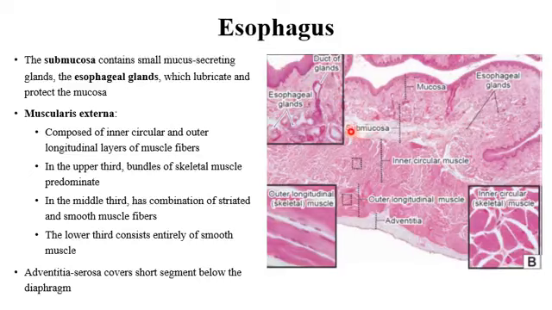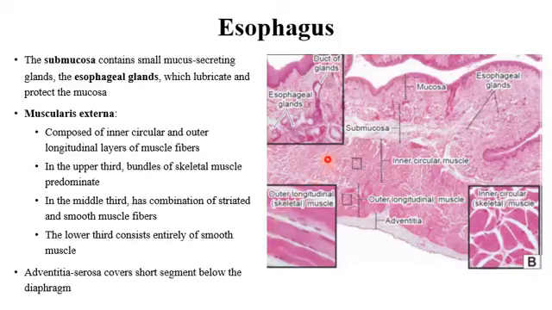Outside the submucosa, we have the muscularis externa with its inner circular layer and outer longitudinal layer. This esophagus was cut longitudinally, therefore the inner circular layer muscle fibers are cut transversely, while those of the outer longitudinal layer are cut in longitudinal direction.